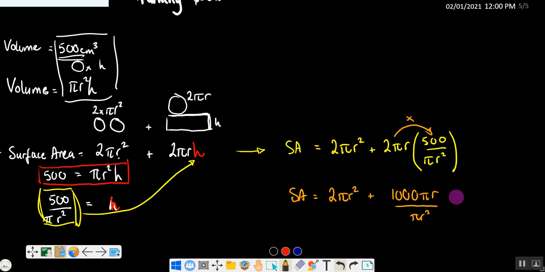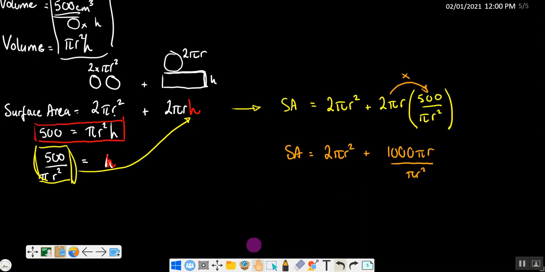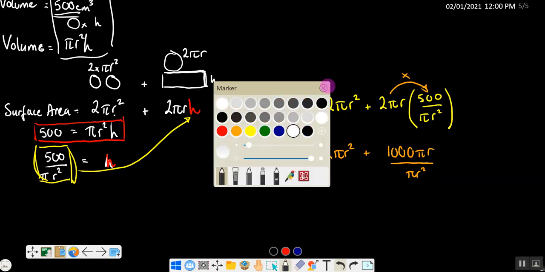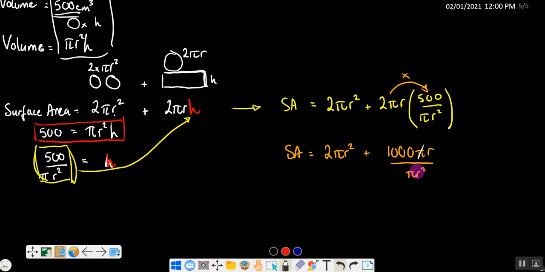But there is something we can do with this fraction: cancel out. The pi's cancel, and this r cancels with one of those. So we're left with surface area is 2 pi r squared plus 1000, all divided by r.